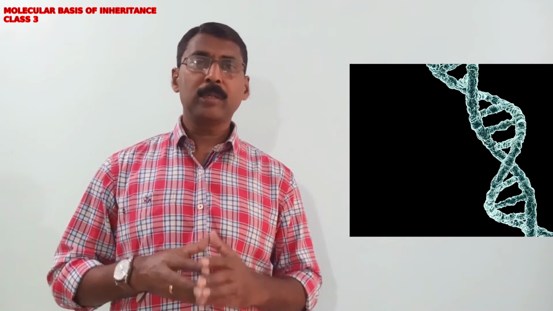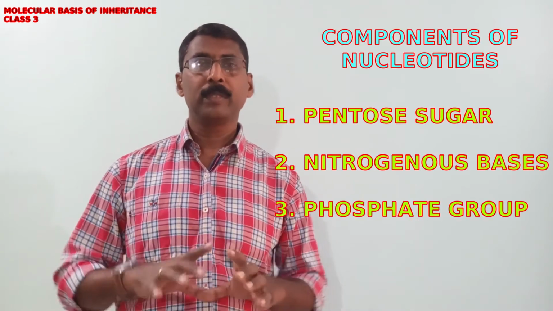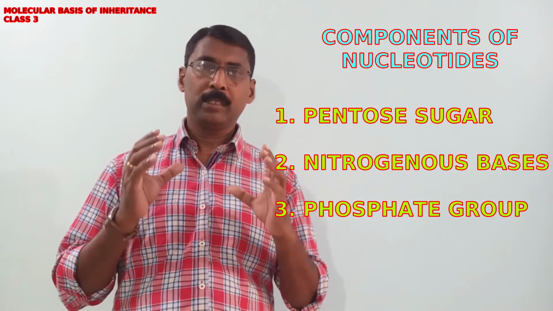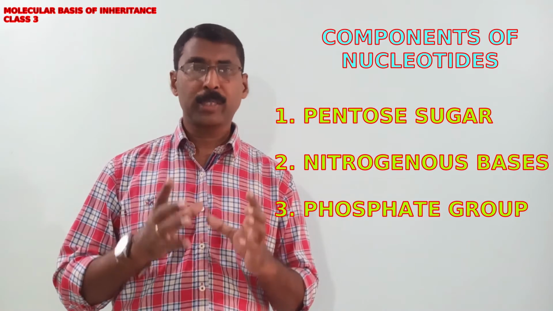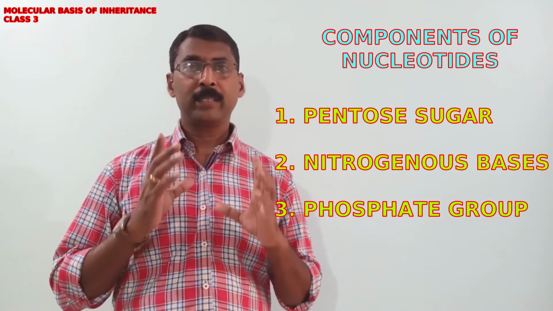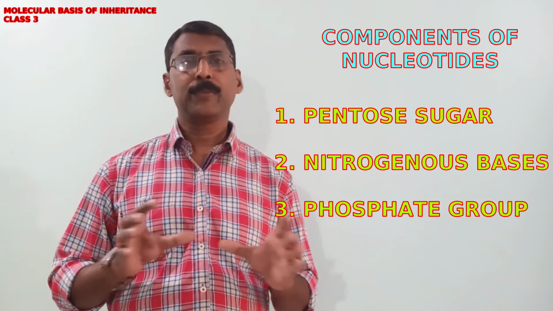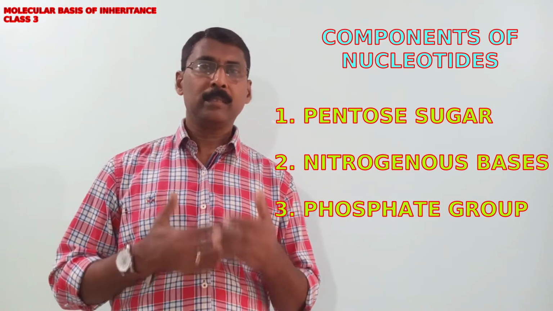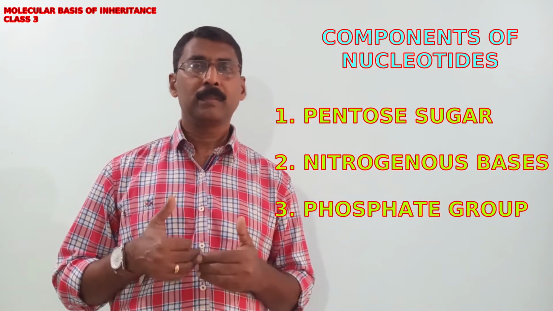Each polynucleotide chain is made up of several nucleotides, and each nucleotide has three components: a pentose sugar, a nitrogen base, and a phosphate group. Let us see each one by one.